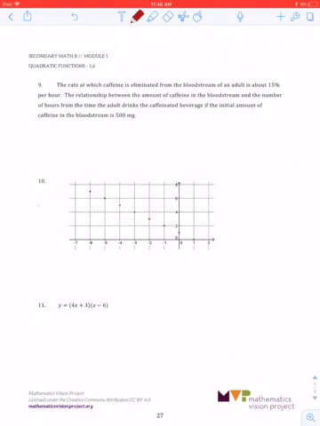Number 9. Okay, so on number 9, caffeine is eliminated from the bloodstream of an adult at 15% an hour. The relationship between caffeine in the bloodstream and the number of hours from the time the adult drinks the beverage, if the initial amount is 500. So since it's going down a percent, and a percent is usually a multiplier, this one is exponential with the start value of 500.